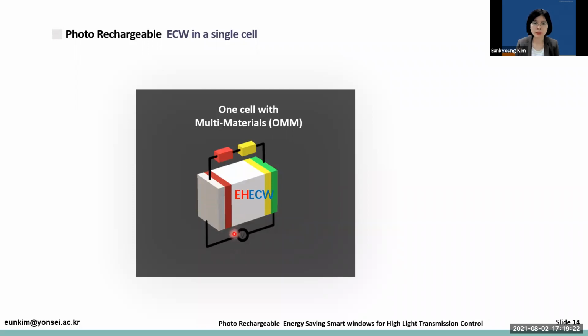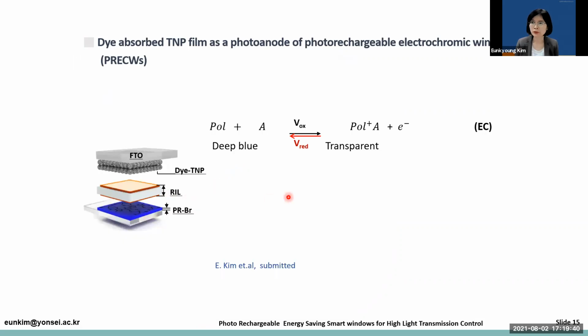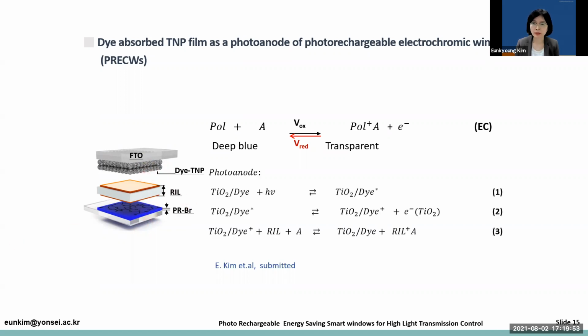It could function as both charge balancing as well as photoanode if dye is absorbed, as we know this photoanode from titanium dioxide that was absorbed with a dye. So our proposal to get this photo-rechargeable electrochromic window is based on this photoanode coupled with this electrochromic layer in the presence of redox active ionic liquid.